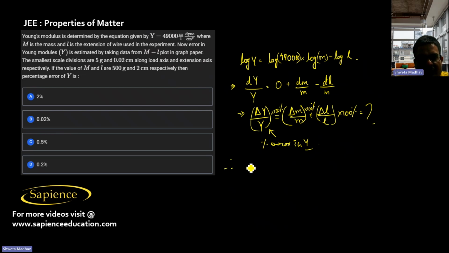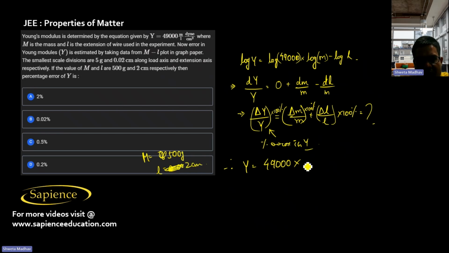Now the value of the Young's modulus is 49,000 into m, the mass taken, that is 500 gram, and L that they have taken is 2 centimeter.